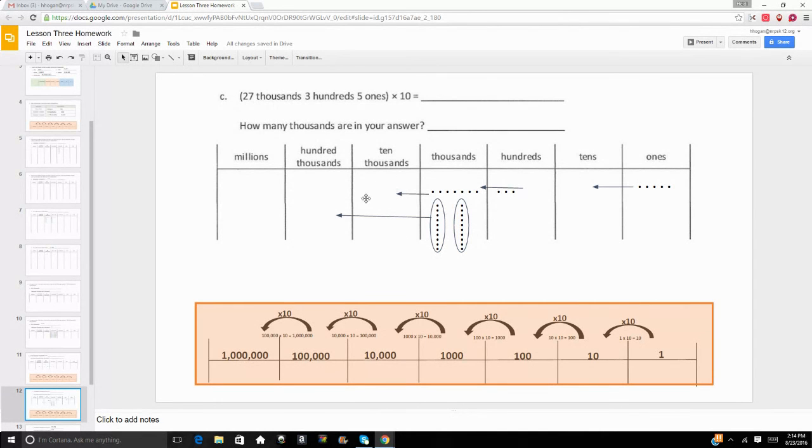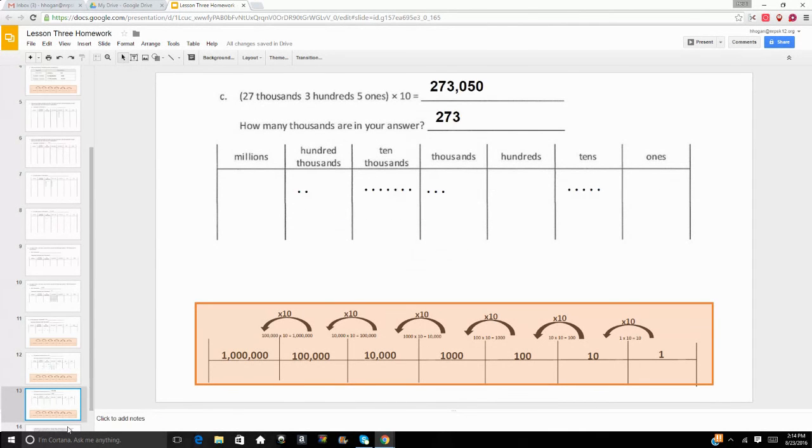But that will give us 27 in the 10,000s. And we can't have 20, so they will be regrouped again into the 100,000s place, which will give us 273,050. And how many thousands? Well, how many in the thousands period? 273.